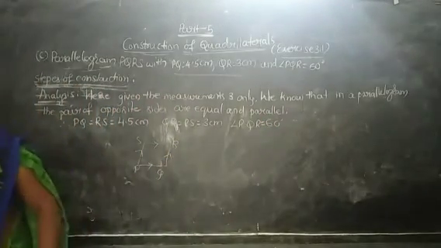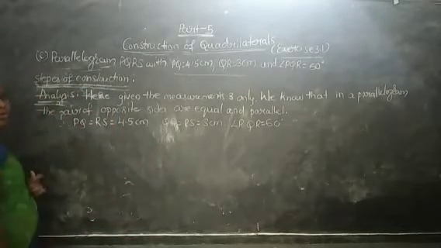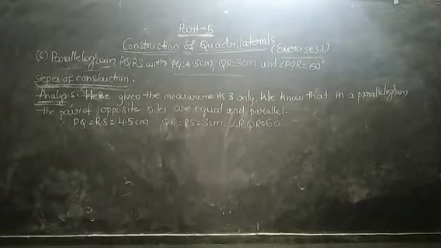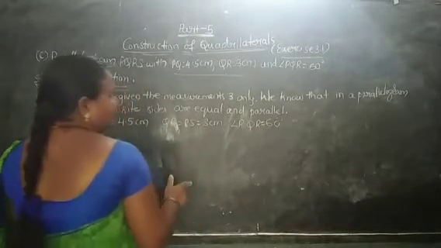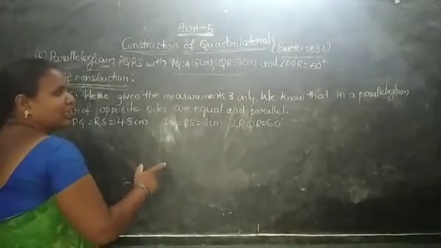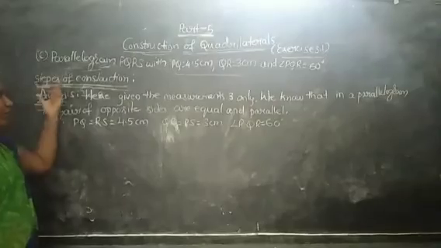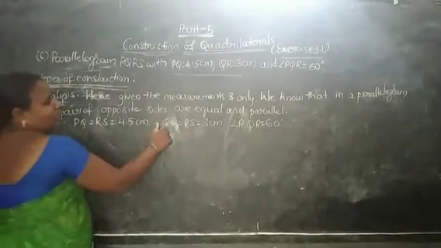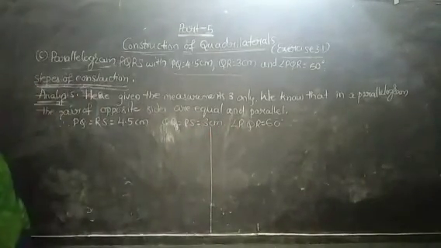This is our analysis. To construct a parallelogram, we need 5 measurements, but here they are given only 3. By analysis, we find all the 5 measurements. Now write the steps of construction.